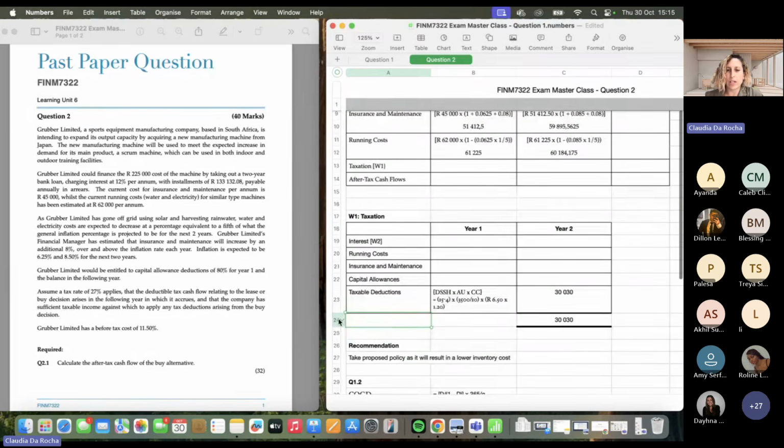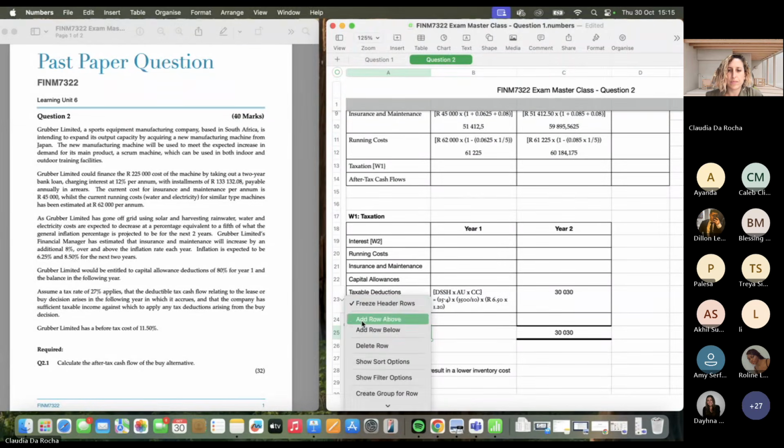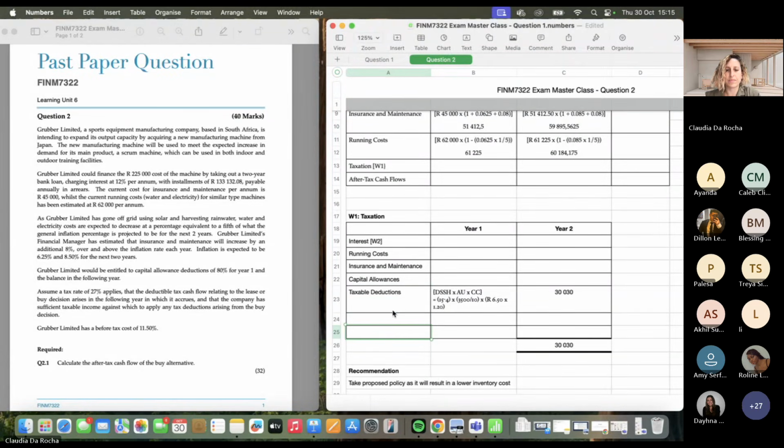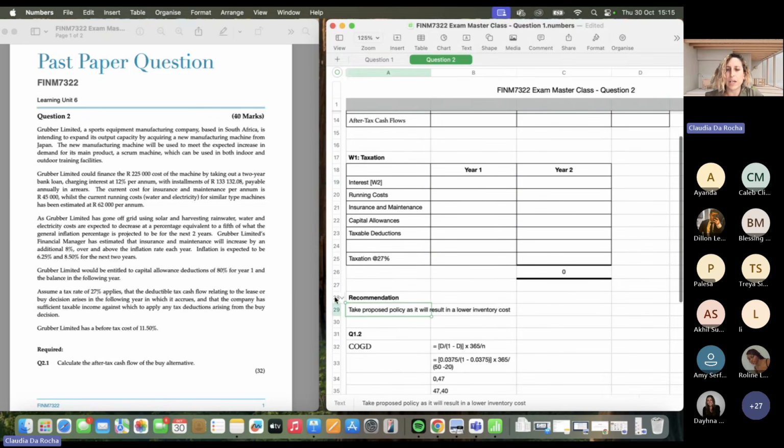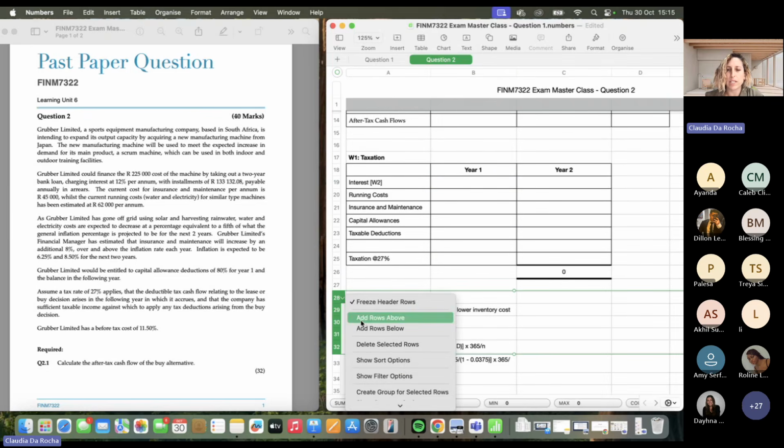And then we will calculate our tax amount. Interest, we have to do a separate calculation. We have to do a little table.